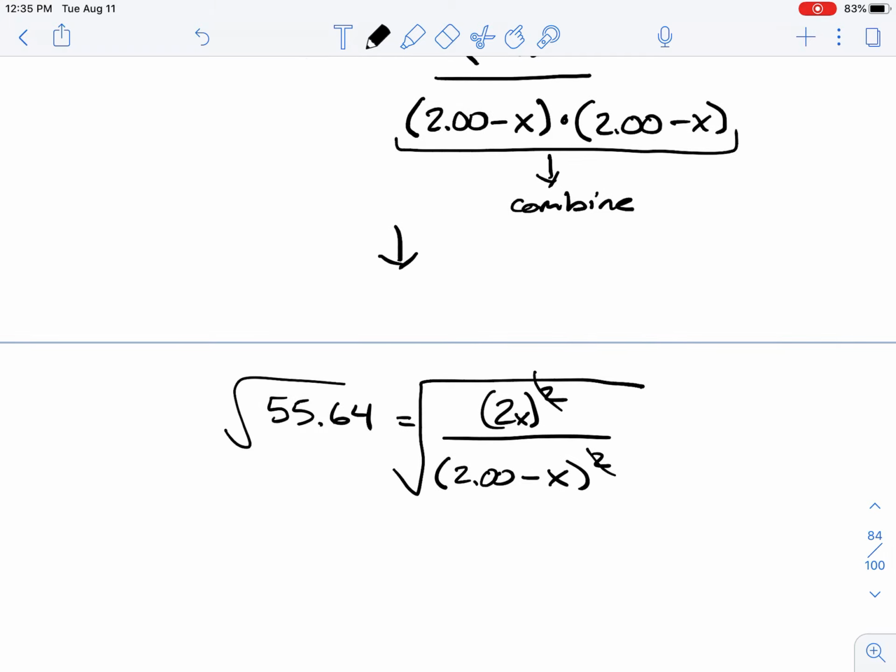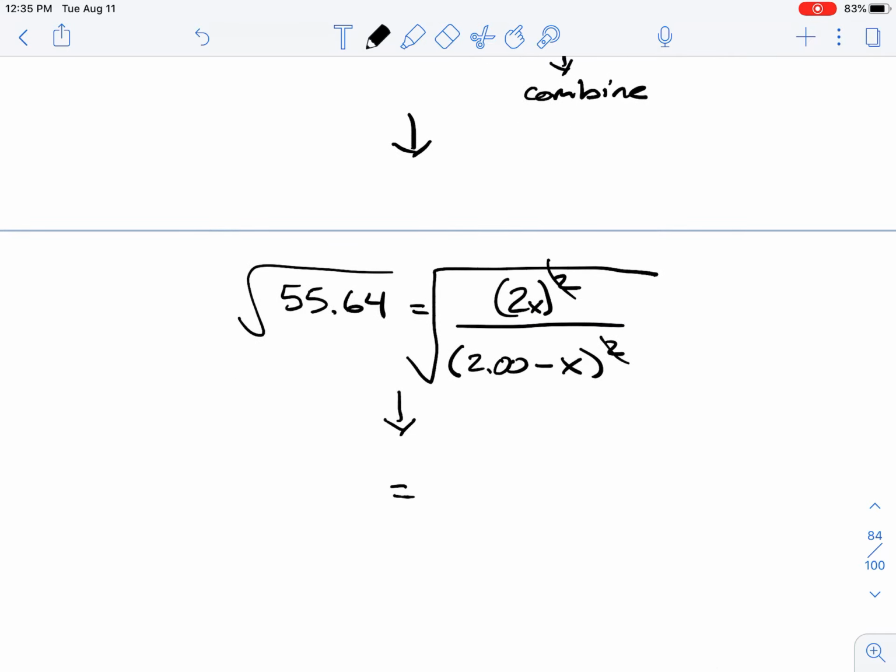So we also have to take the square root of 55.64. And so what we get is simply 2x over 2.00 minus x. Let me plug in the square root of 55.64 real quick. The square root of 55.64 is equal to 7.459. Okay, let's keep the same number of sig figs there.